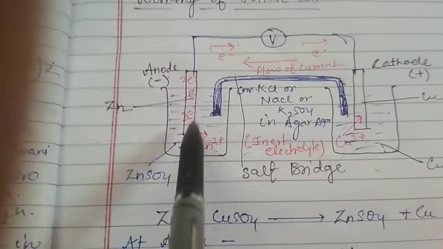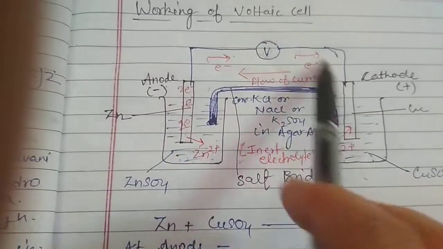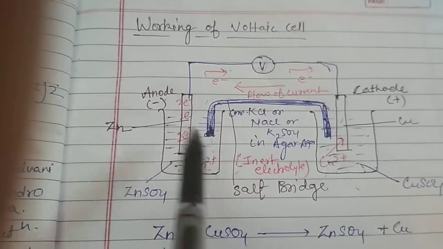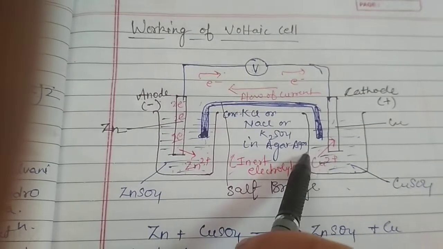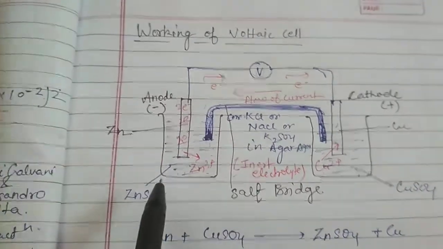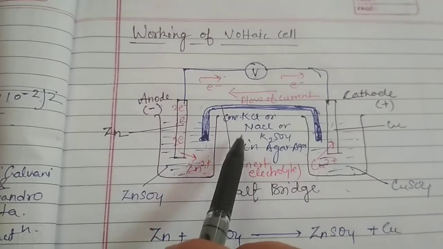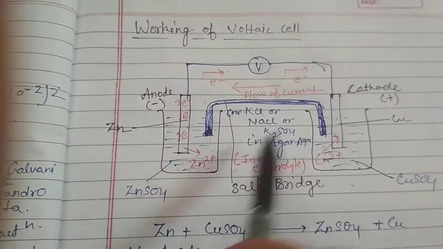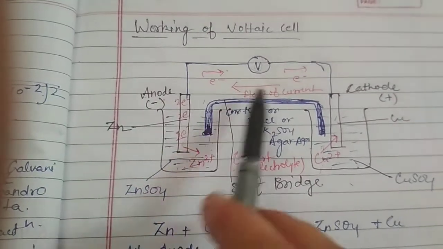So now the electrons will flow from anode to cathode, and the current will flow from cathode to anode in the solution, and with the help of the salt bridge we are maintaining electrical neutrality as well as completing the circuit.